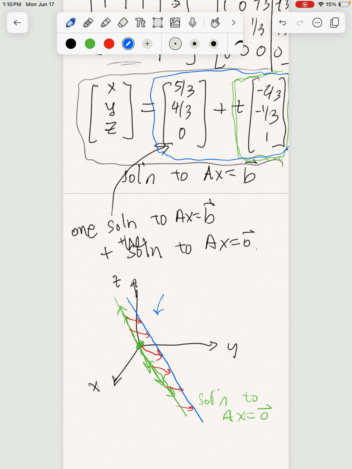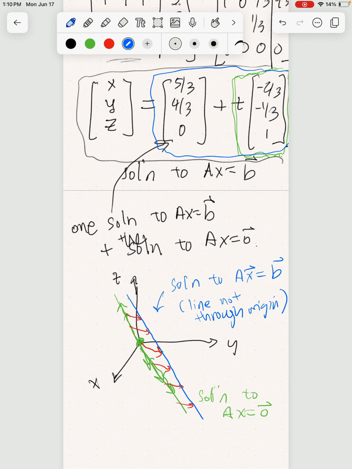So that is the general solution to Ax equals b, the non-homogeneous solution. In this example, the solution to Ax equals b is also a line that does not go through the origin. Let's write that down: line not through the origin. And the solution to Ax equals 0 is a line through the origin.